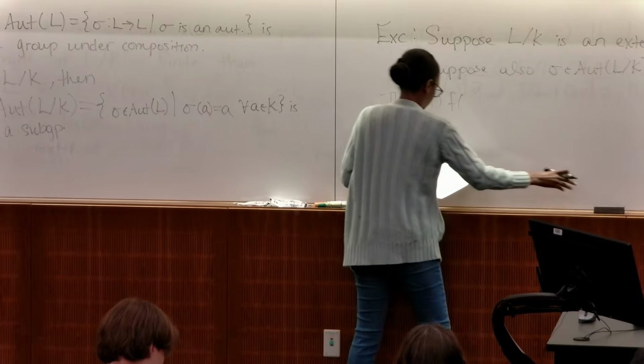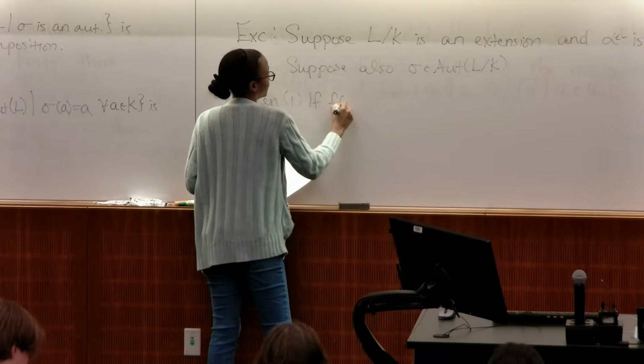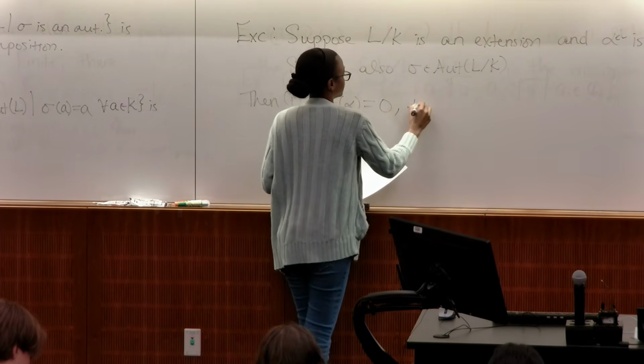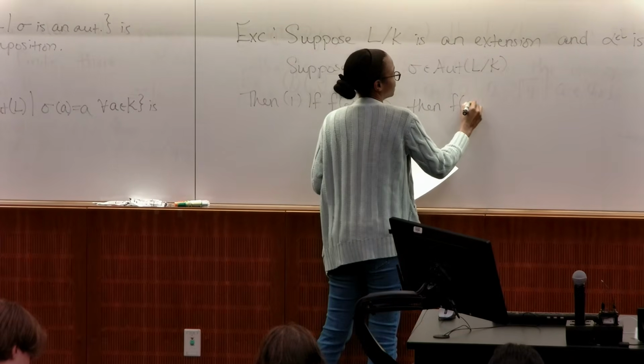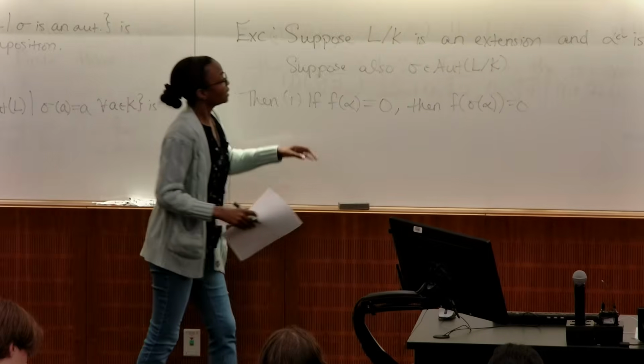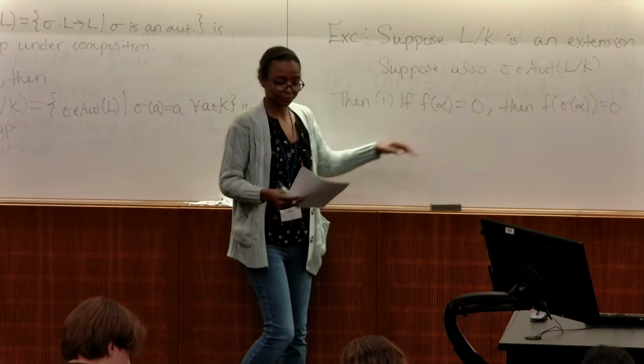Then, if f of alpha is 0, so too is f of sigma of alpha. In other words, if I have an automorphism, I have to send roots to roots.